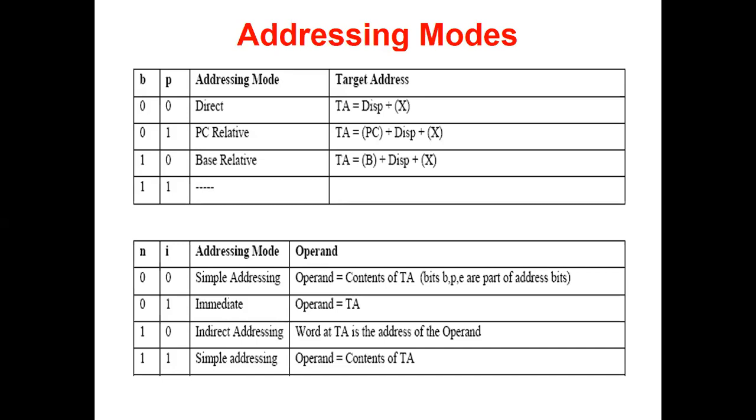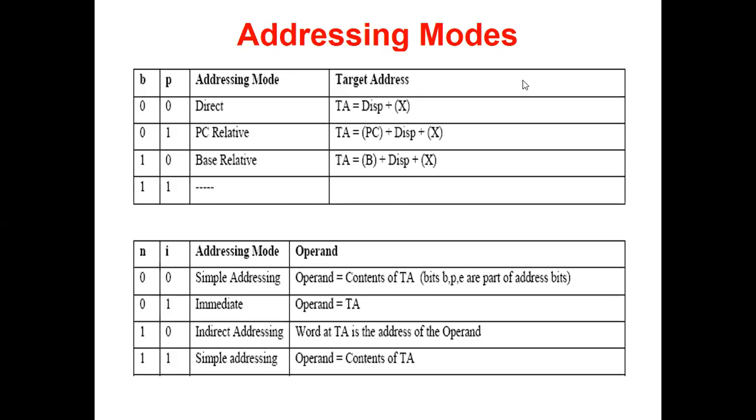N is 0, I is 1, I is for immediate. When N is 0, I is 1, that is immediate addressing. So there the target address is the operand we take. When N is 1 and I is 0, that is indirect addressing.